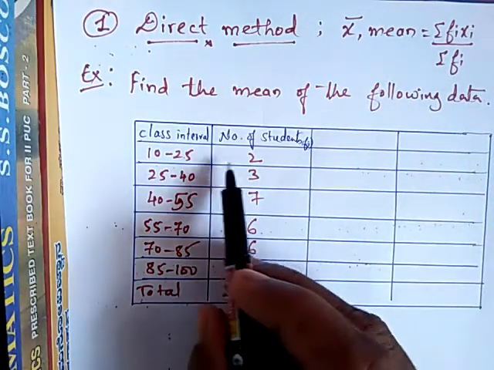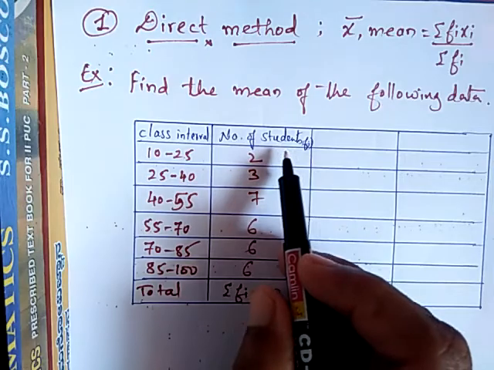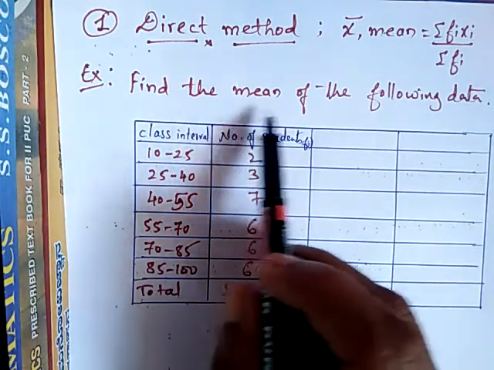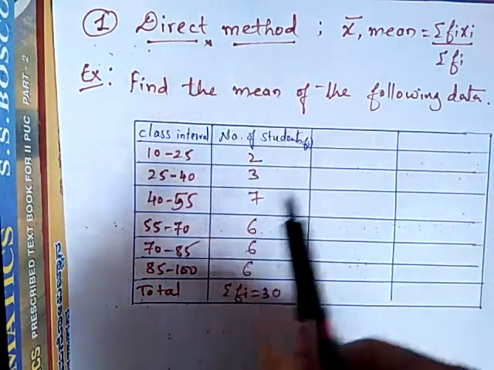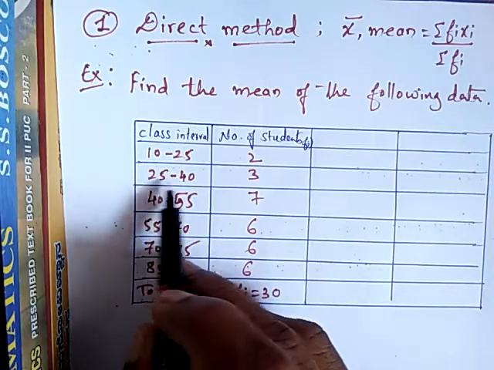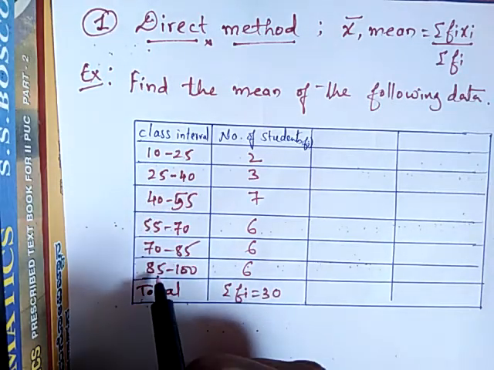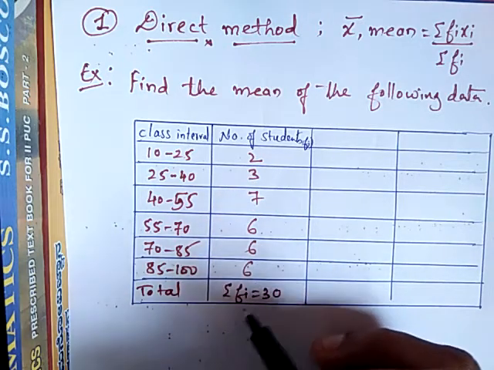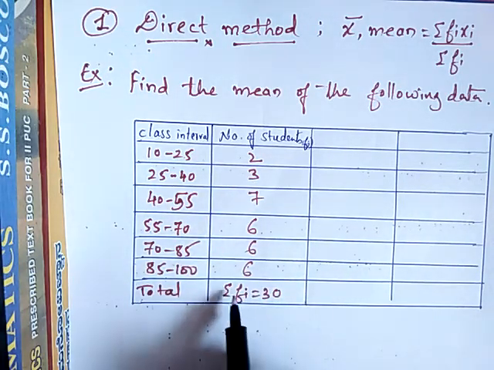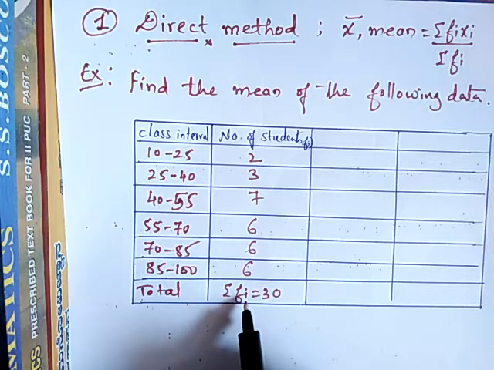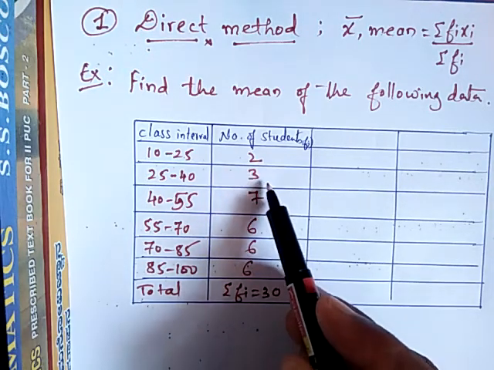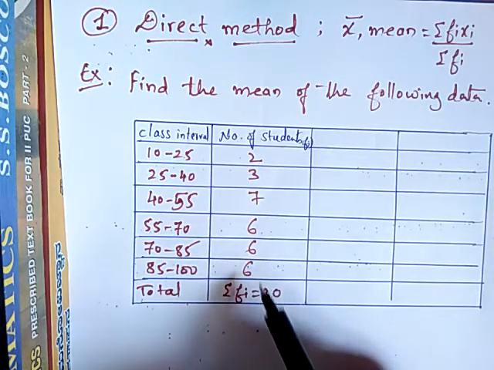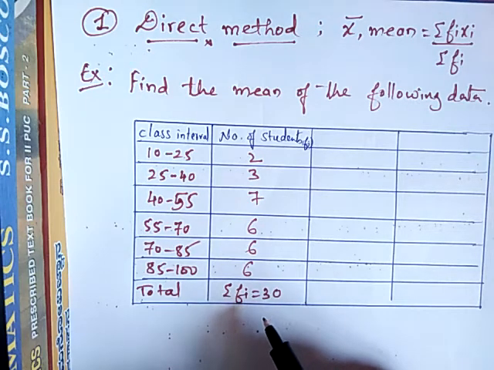Find the mean of the following data by direct method. The class intervals are 10 to 25, 25 to 40, 40 to 55 and so on up to 85 to 100, and the number of students is 2, 3, 7, 6, 6, 6. The summation of fi is 2 plus 3 plus 7 plus 6 plus 6 plus 6, which is 30. Now we need to find the mean.